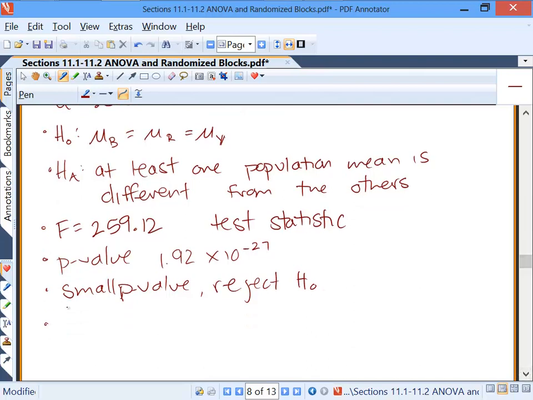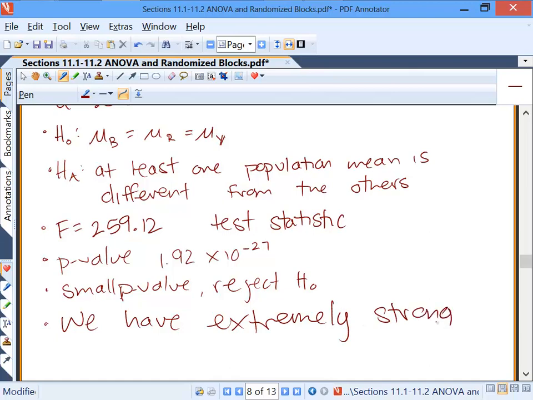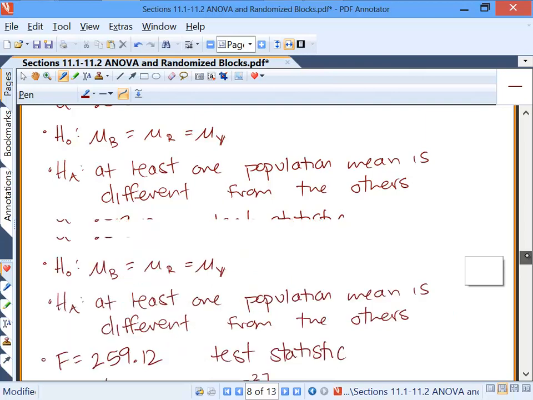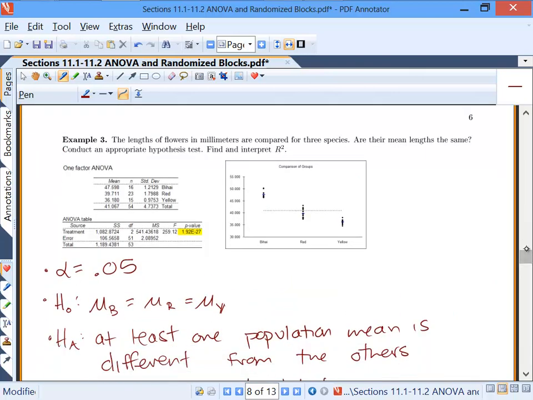And so we have extremely strong evidence that, what? I guess I should go back up and read the actual problem statement. The lengths of flowers in millimeters are compared for 3 species. Are their mean lengths the same? Conduct an appropriate hypothesis test.